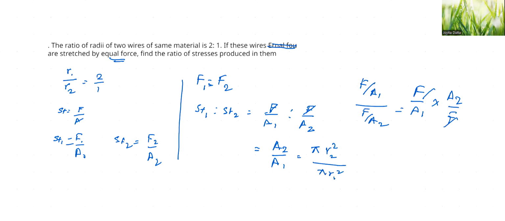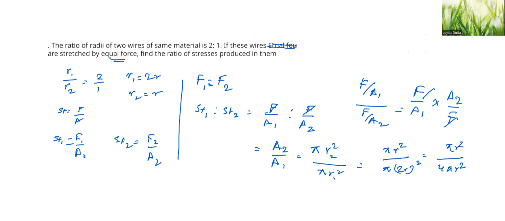In this case, R1 is 2R and R2 is R. So it is pi R square divided by pi 2R the whole square, which is pi R square divided by 4 pi R square.